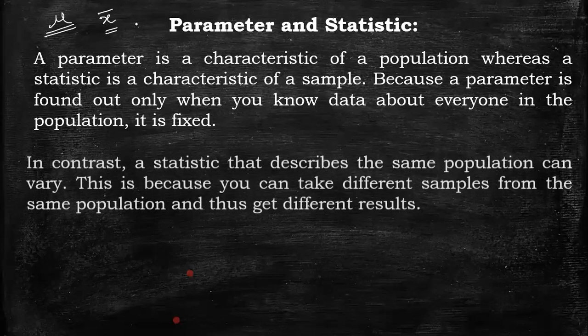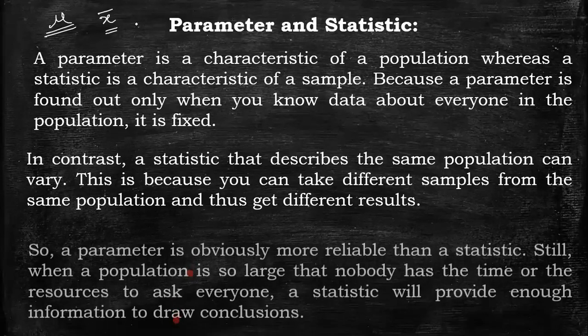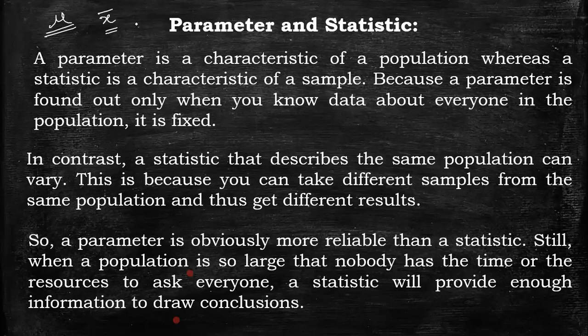So x bar may change. In contrast, a statistic that describes the same population can vary. This is because you can take different samples from the same population and get different results. So a parameter is obviously more reliable than a statistic.